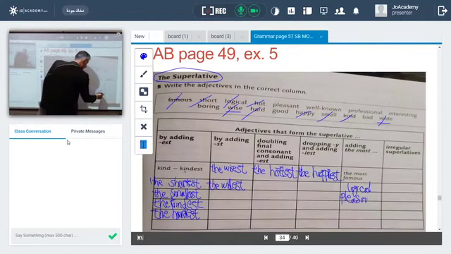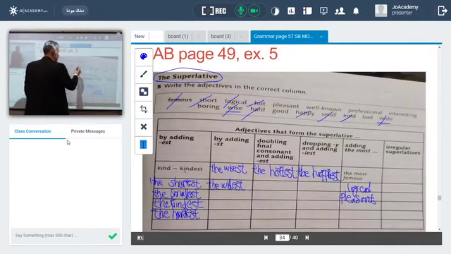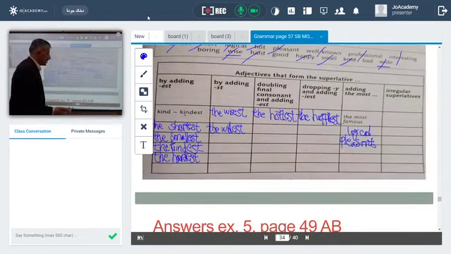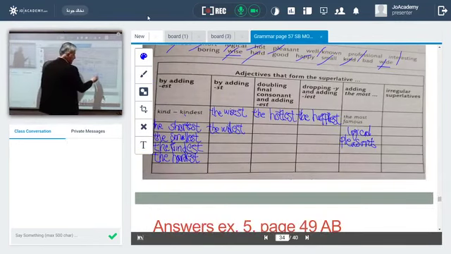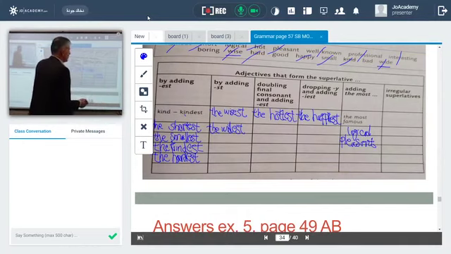Pleasant. The most pleasant. Okay. Take it from the box. The most well-known. Okay. So the most famous, the most logical, the most pleasant. Also the most professional.